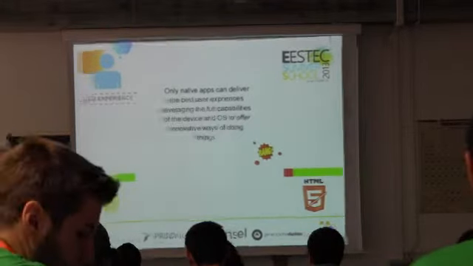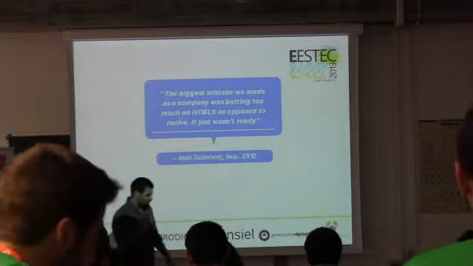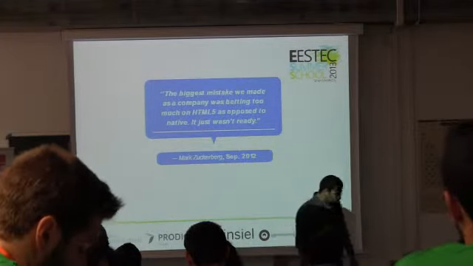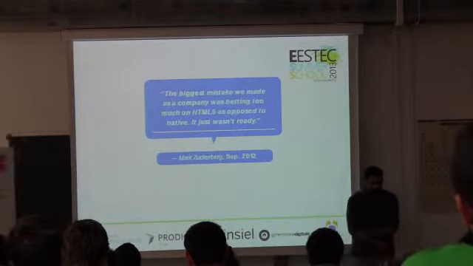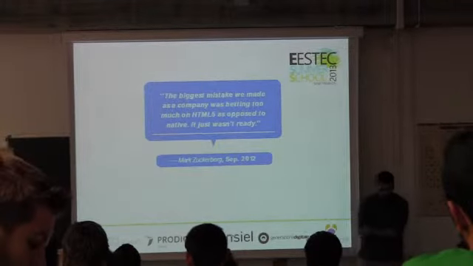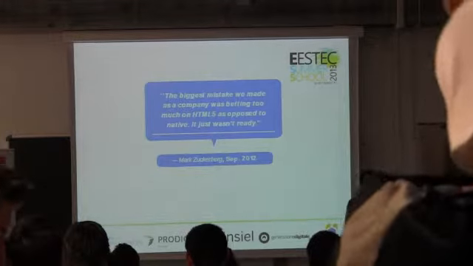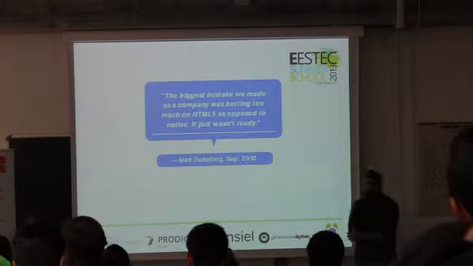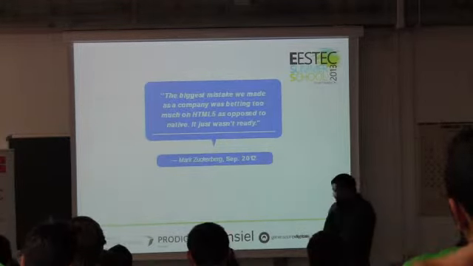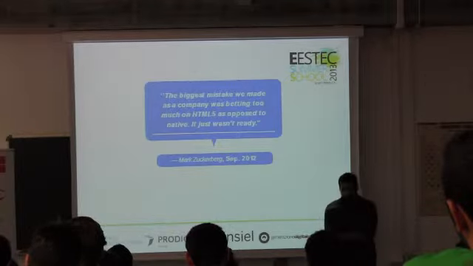Next round. Mark Zuckerberg said that the biggest mistake we made as a company was betting too much on HTML5 as opposed to native. It just wasn't ready in September 2012.